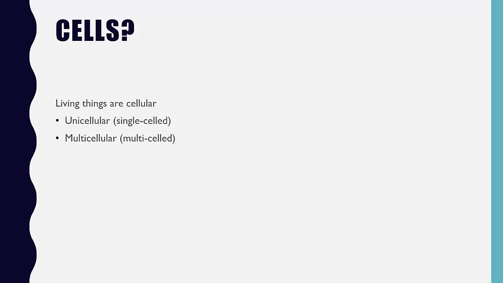So living things are cellular. Some living things consist of just a single cell, like our bacteria. And some things are multicellular, which means they are made up of many different cells that hopefully get along and work together. Of course, we are multicellular. We are an example of that.